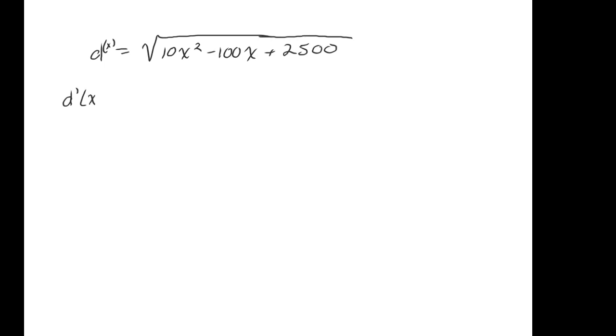So d prime of x is equal to, I have to use the chain rule to find the derivative of this. So I'm going to first of all start by rewriting this as 10x squared minus 100x plus 2500, all raised to the 1/2 power. So I'm going to use the chain rule to find the derivative.